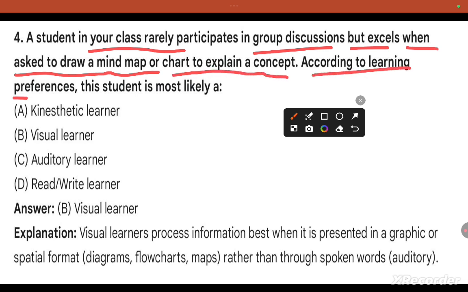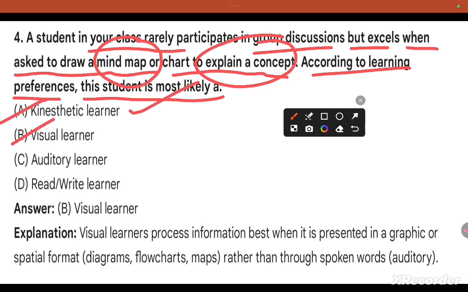According to learning preference, this student is most likely: A. kinesthetic learner, B. visual learner, C. auditory learner, D. read/write learner. He rarely participates in discussion, but he is good at mind mapping and explaining concepts.